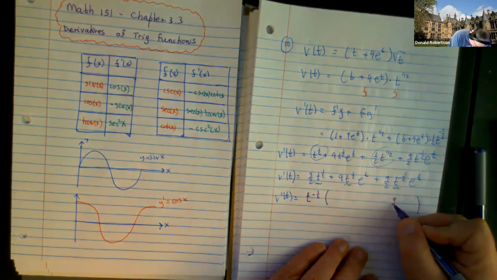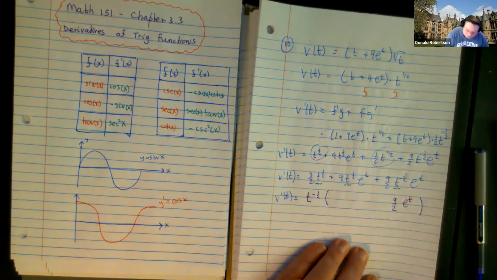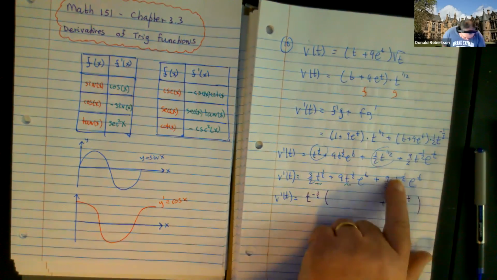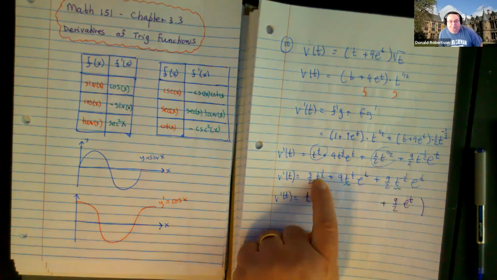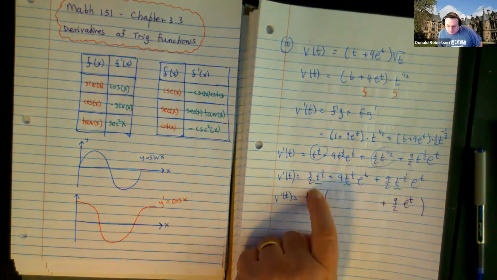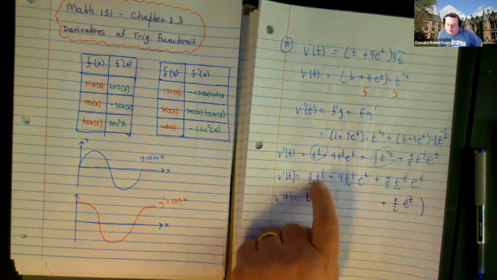Now, this guy at the end is the only one of the three that's easy. Used it up, done. Now we get to the sneaky ones. If you want to pull out a common factor of t to the negative a half, what you're essentially doing is removing negative a half from each of the powers.